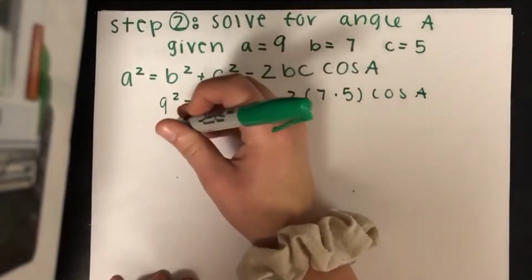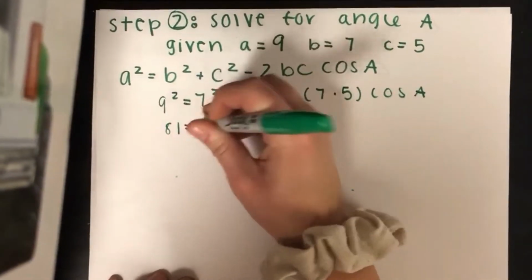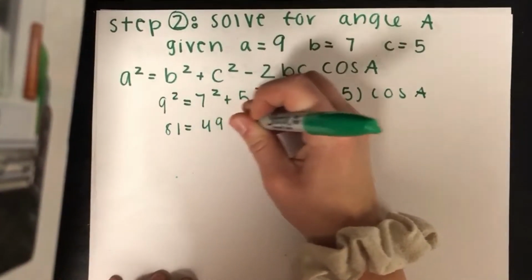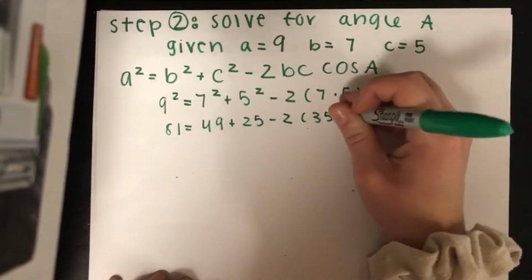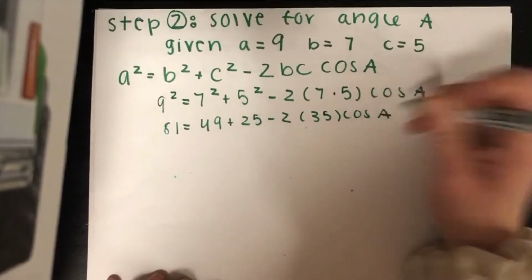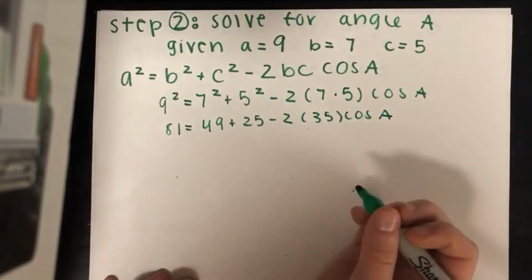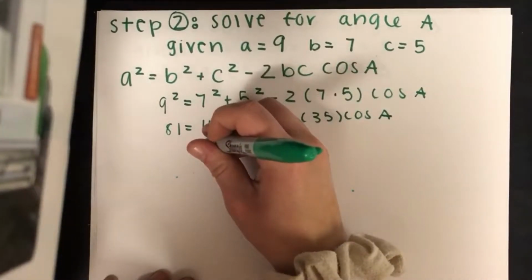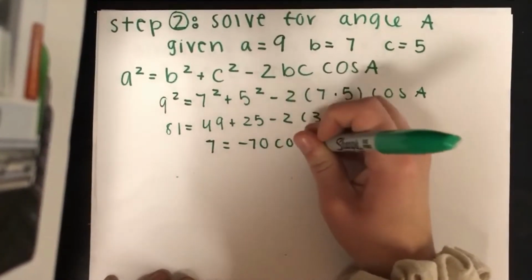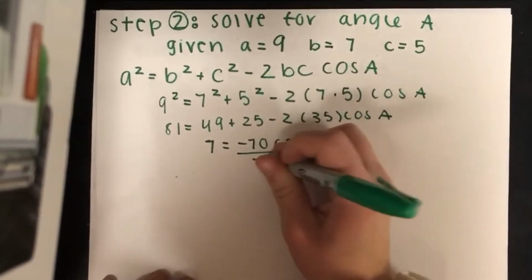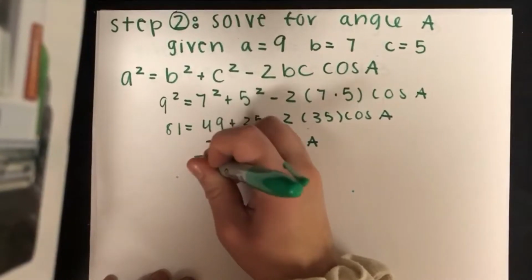So now you're going to simplify, and this comes out to be 81 equals 49 plus 25 minus 2 times 35 times the cosine of A. Then you simplify this even more down to 7 equals negative 70 times the cosine of A. Divide by negative 70 on both sides.